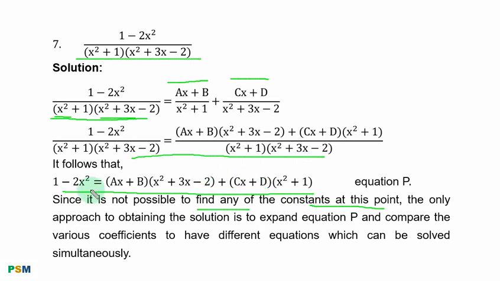The only approach to obtaining the solution is to expand equation P and compare the various coefficients to have different equations which can be solved simultaneously. At this point, the only option we have is to expand equation P.